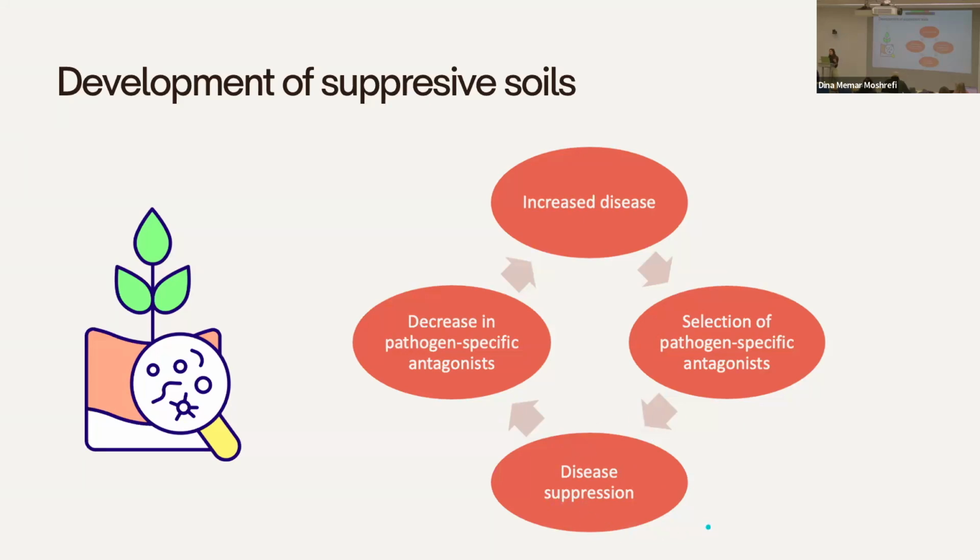And that makes sense, right? We don't want to let a pathogen just run rampant through our field. We want to stop the disease, but it also stops us from building suppressive soils at a significant scale. But this selection of antagonists specific to those pathogens may be what is potentially happening.